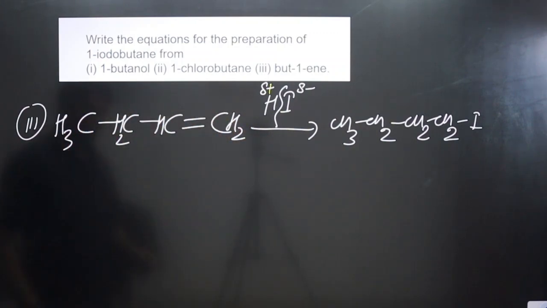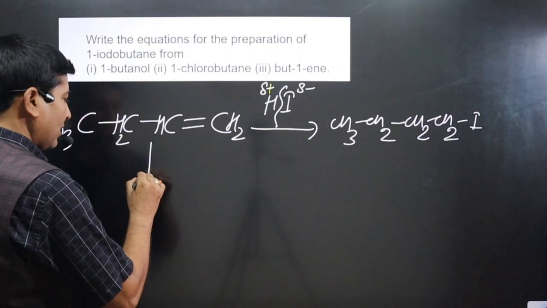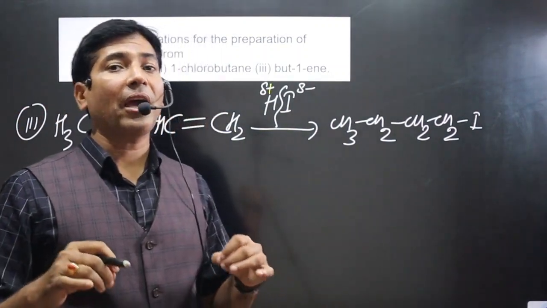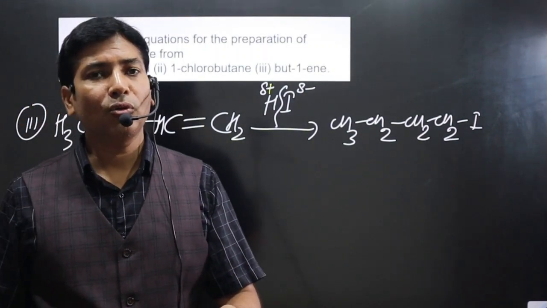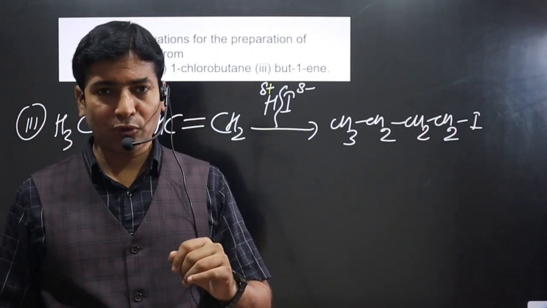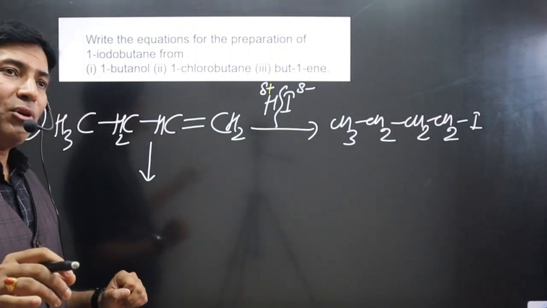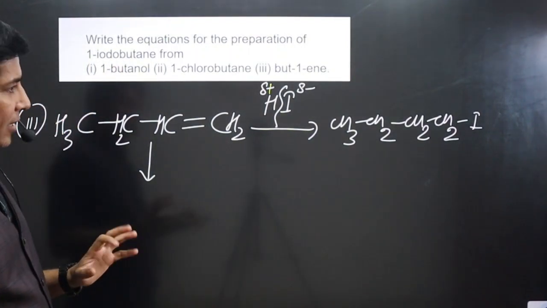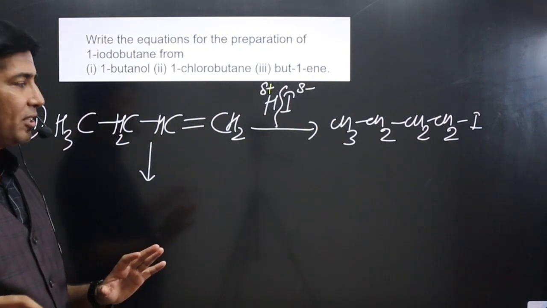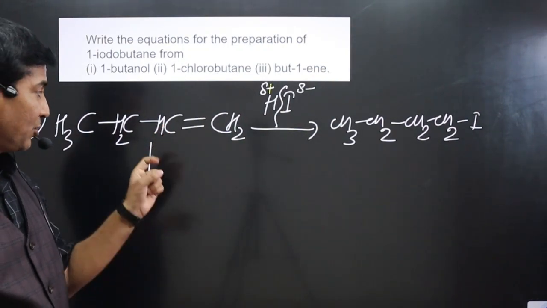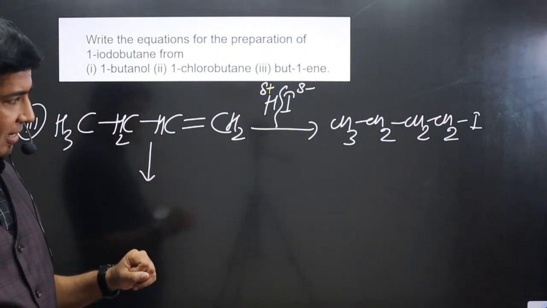Pay attention very carefully. In general, to produce a primary alkyl halide or primary alcohol, we follow the anti-Markovnikov rule. You might have learned about a reaction. Let's say I make it react with HBr in the presence of peroxide.